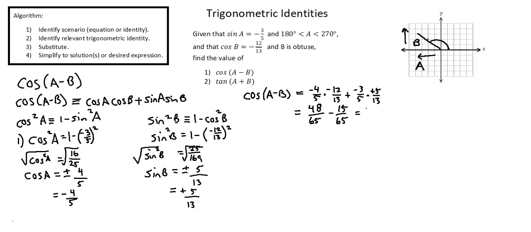Finally, simplifying to 33/65. This is the exact value of cosine A minus B.